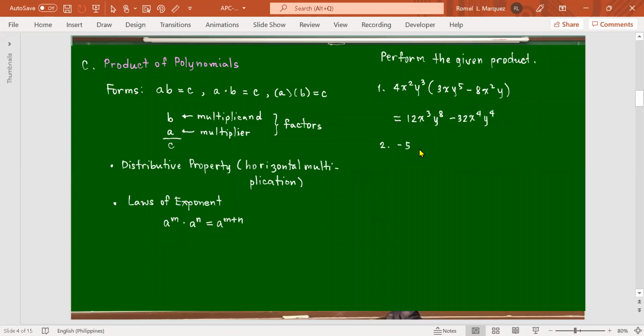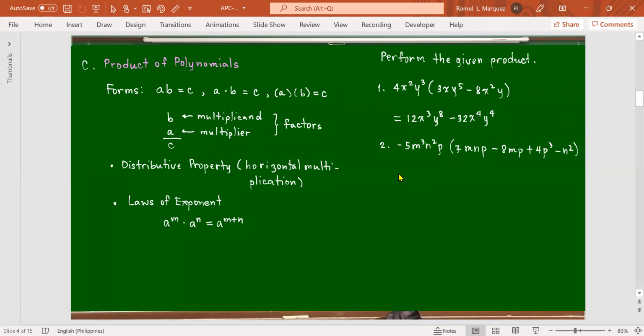Negative 5 m cubed n, m squared, then p. Multiply to 7 m n p minus 8 m p plus 4 p cubed minus n squared.